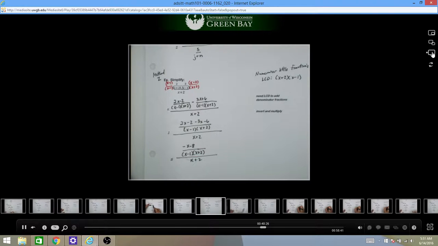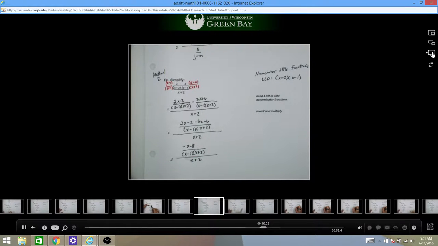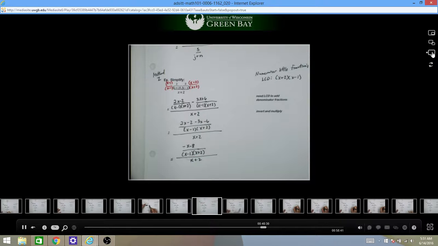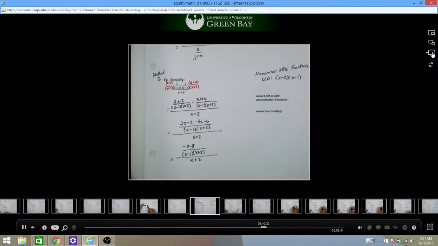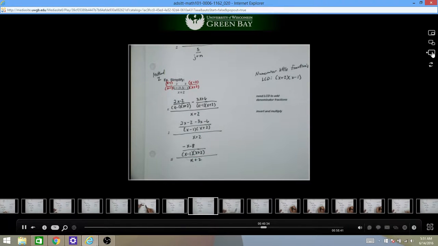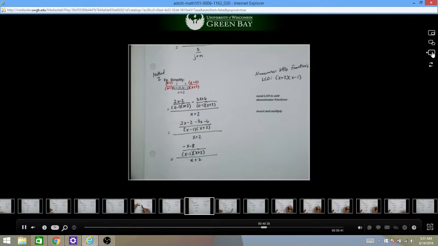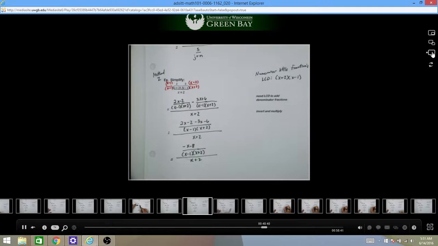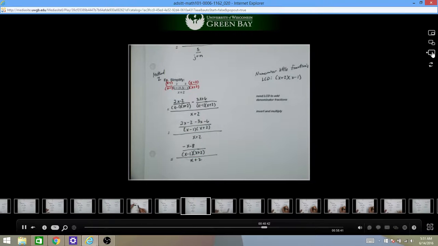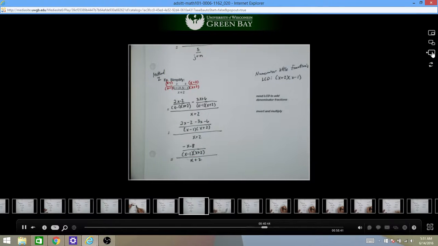Okay, so we have one fraction on top, and then the x plus 2 in the bottom. So it's time to invert and multiply. How do I invert and multiply? I don't have a fraction. It's over 1. Yeah, good.